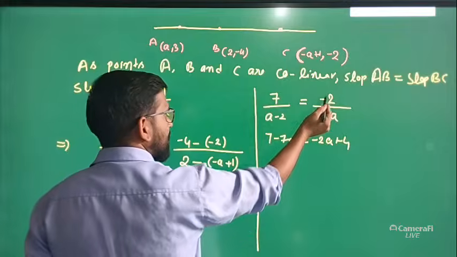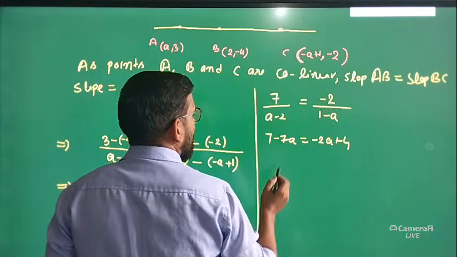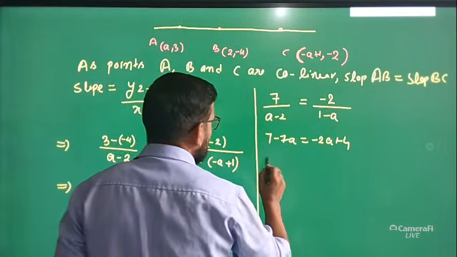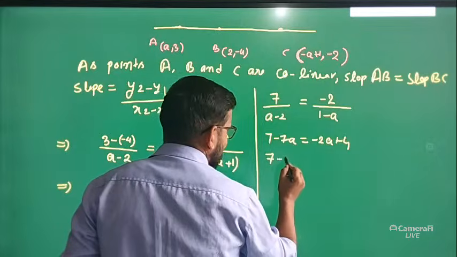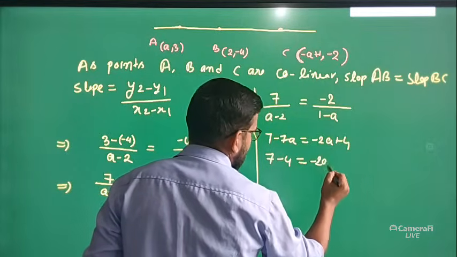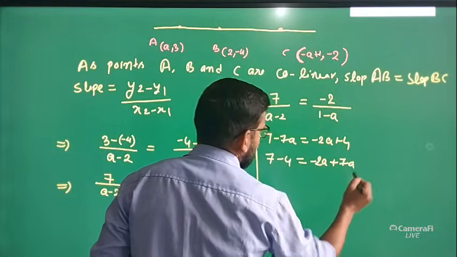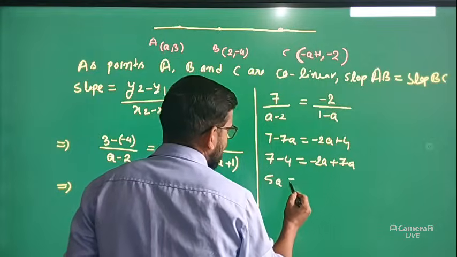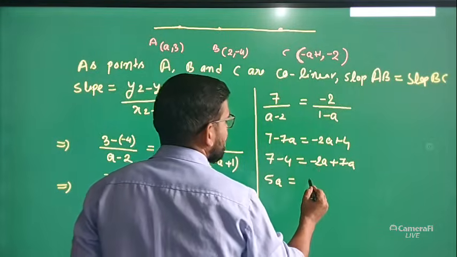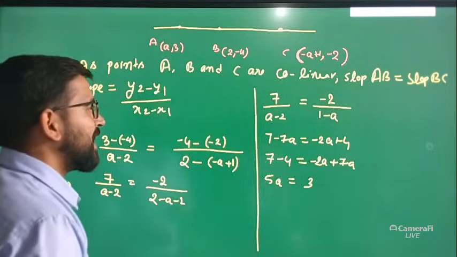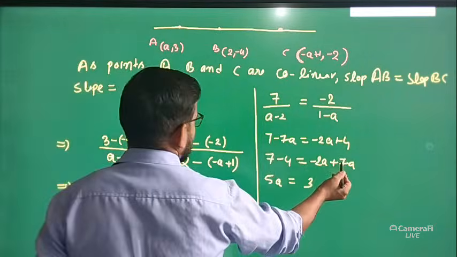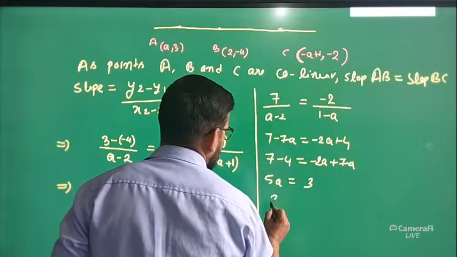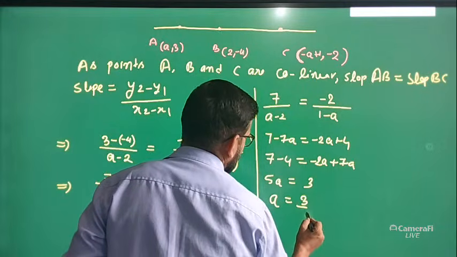minus 2 into a is minus 2a, minus 2 into minus 2 is plus 4. Now bring this minus 7a to the other side and bring the 4 to this side. So this 7 minus 4 is equal to minus 2a plus 7a, 7a minus 2a, I write it on this side: 5a is equal to 7 minus 4, 3. I hope it is clear. Minus 2a plus 7a is 5a, 7 minus 4 is 3. So what is a? a is equal to 3 upon 5.